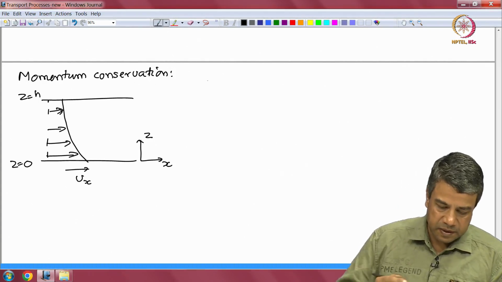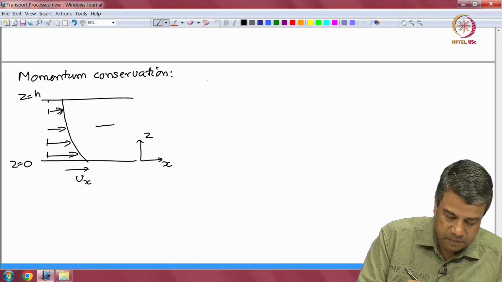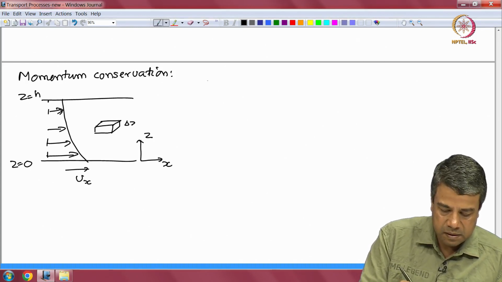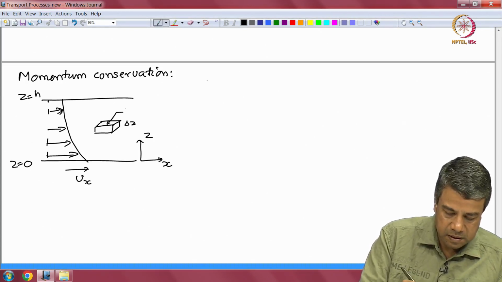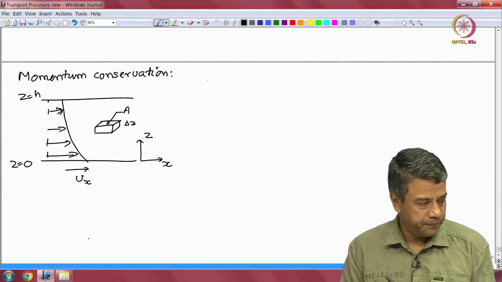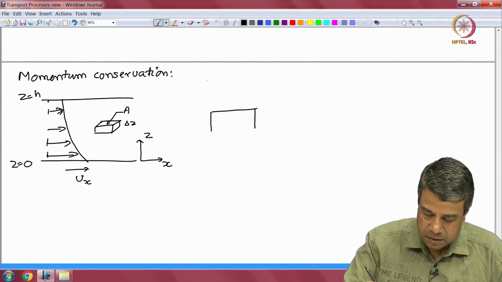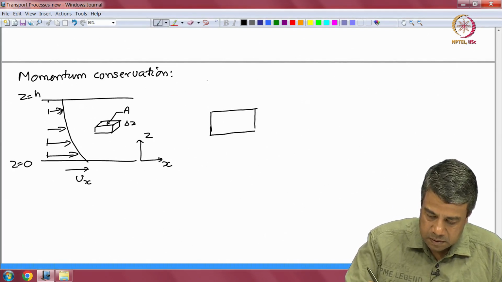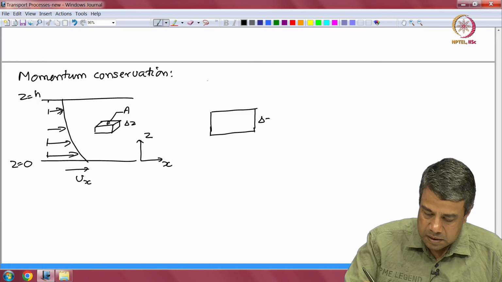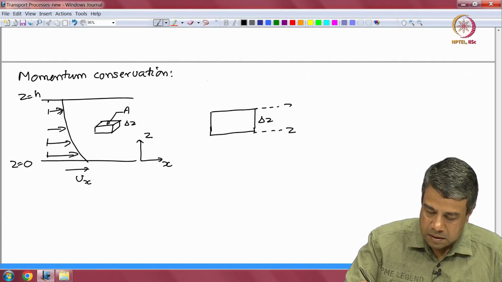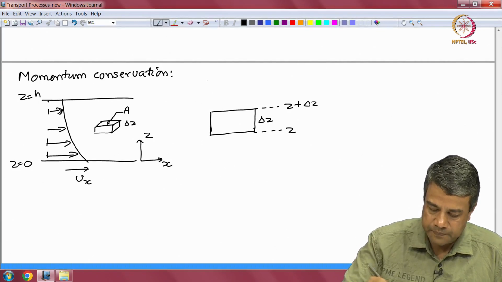So, for that I will take a small differential volume of height delta z and area A. I will expand that out once again. Delta z, this is z, z plus delta z.